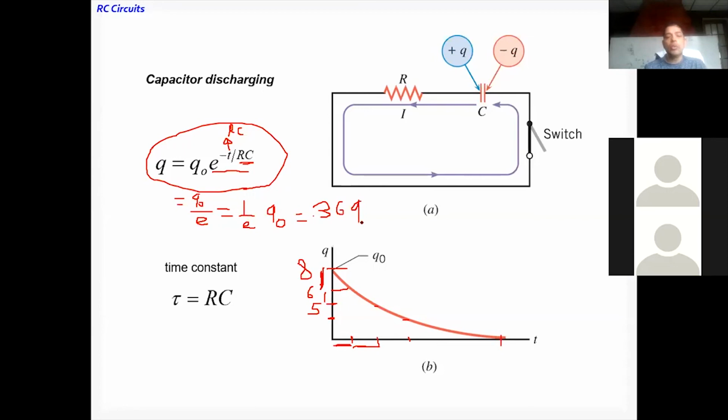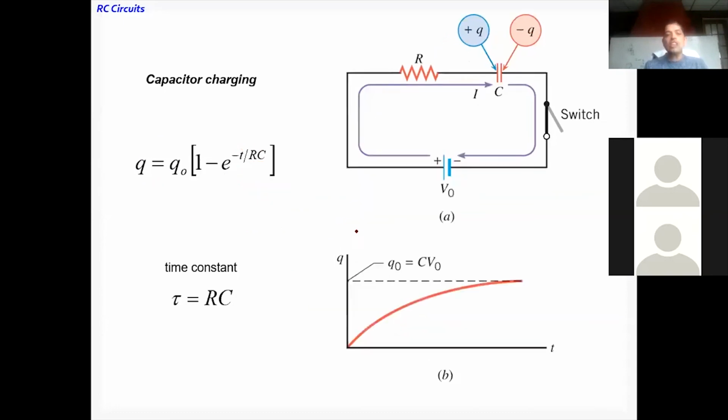Look, what I'm trying to conclude here is, what is your RC in the previous problem? RC was 3, right? So in the time equal to RC, which is 3 in our case, how much will be discharged? Only 36% will be discharged.